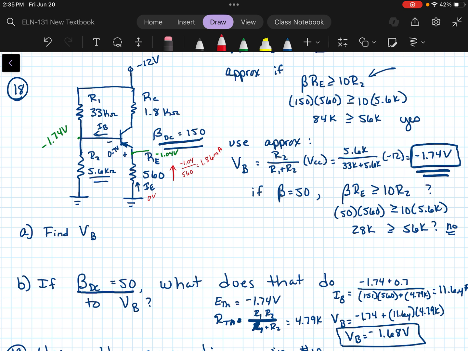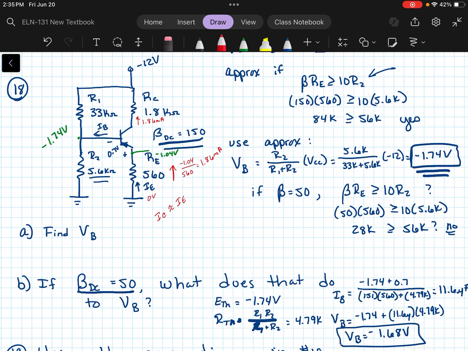And just for good measure, let's just go ahead and assume that IC is approximately equal to IE. We're just going to do this approximation this time and see how it works for us. So let's just assume we also have 1.86 milliamps here. We do know that it's going to be a little bit smaller than what IE is, but again, let's just do our approximation.